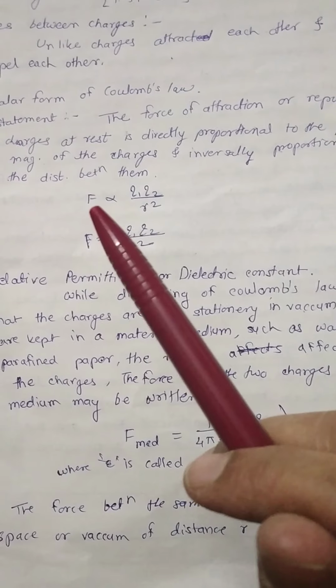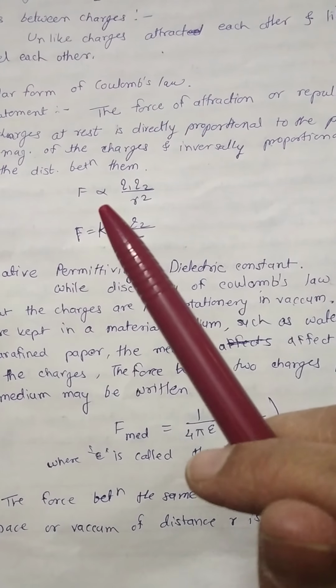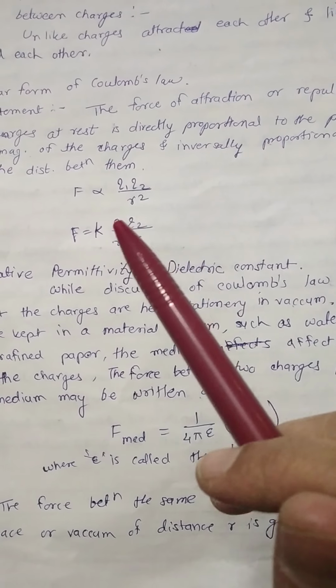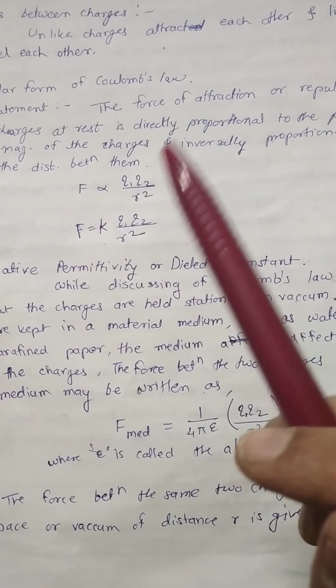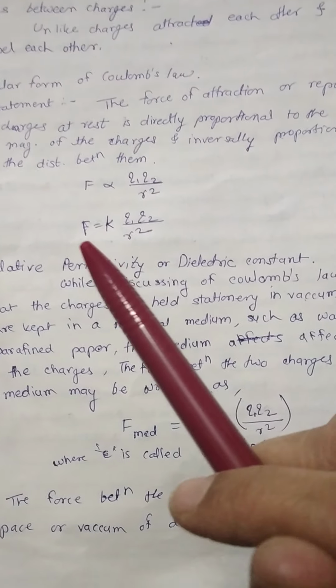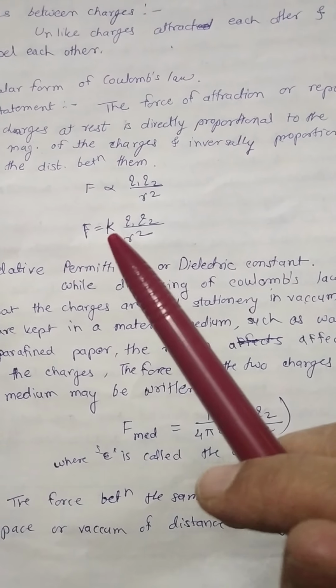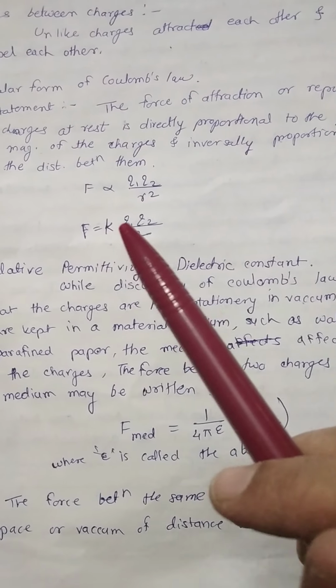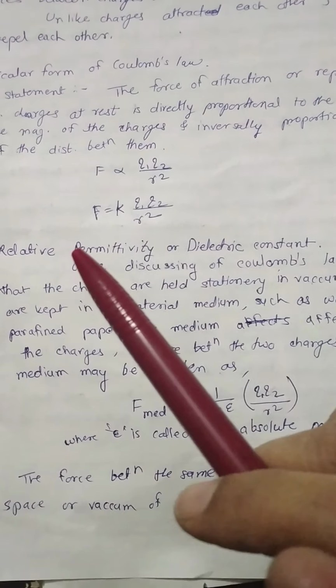So F is directly proportional to Q1 Q2 upon R square. So F is equal to K Q1 Q2 upon R square, where K is the proportionality constant.